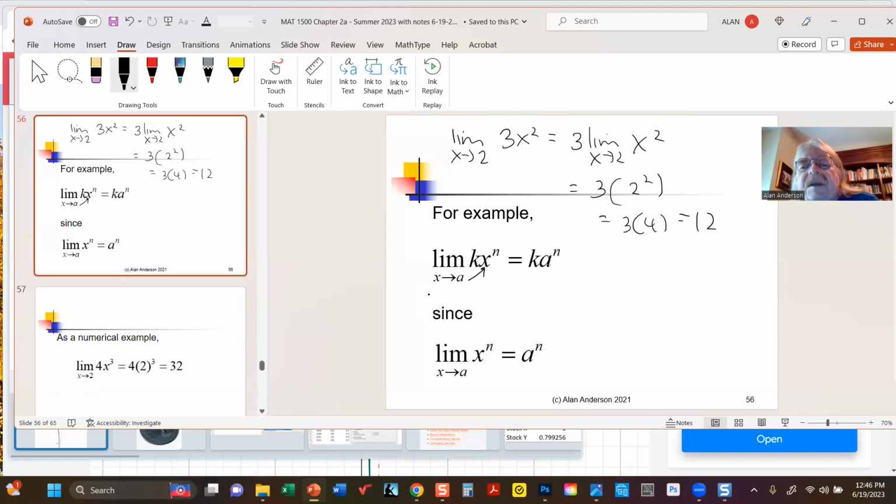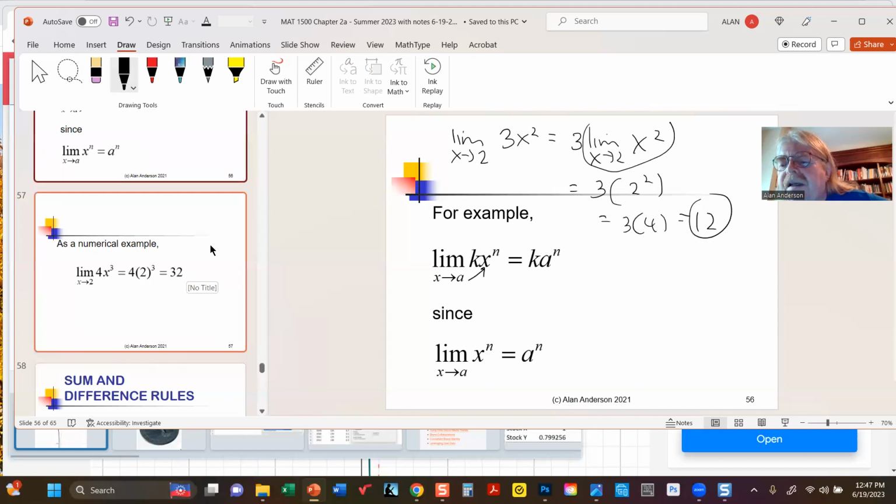If you notice, this piece by itself, literally all I did was replace the x with a 2. And then I ended up with 4 in parentheses. I multiply it by 3, and I end up with 12. So it's very straightforward for this case. Again, 3x squared is a very simple polynomial. Polynomials are a breeze to work with.